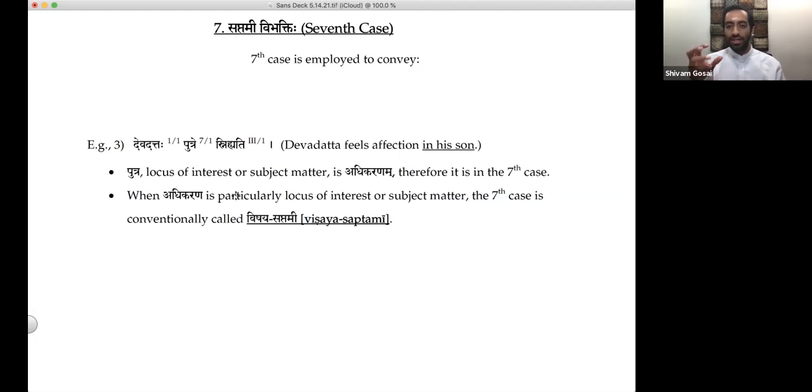Now, the locus of interest or the locus of a subject matter is adhikaranam. So his interest is in the son. Therefore, it's seventh case. Conventionally, this is called Vishaya Saptami because the adhikaranam is in terms of vishaya. But Vishaya Saptami is not different from adhikarane saptami. It's just one type.